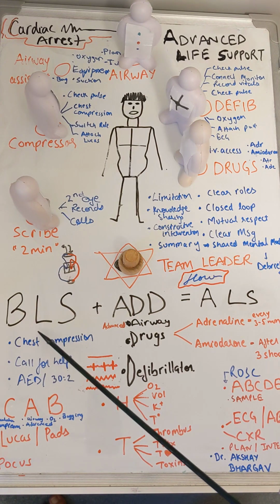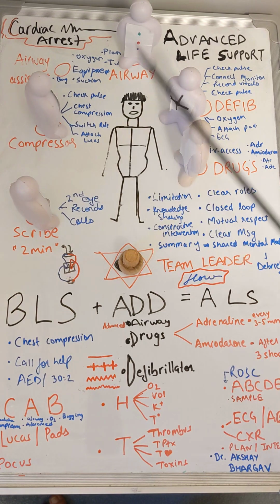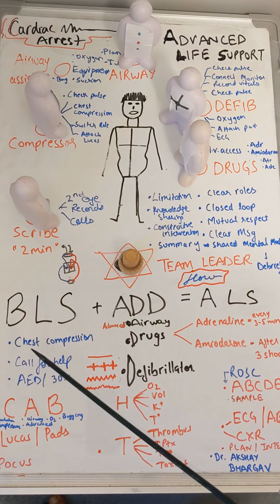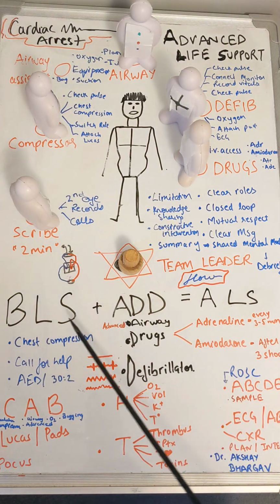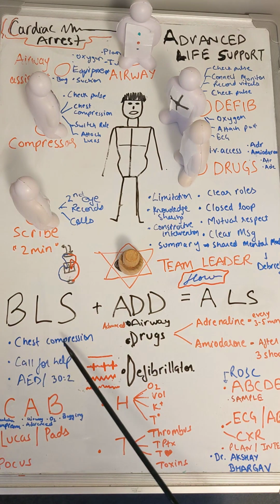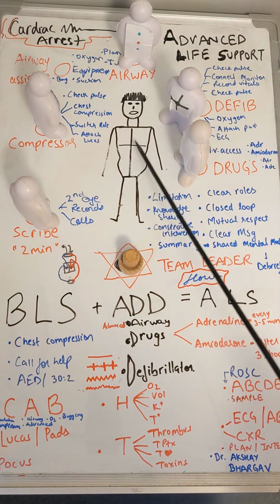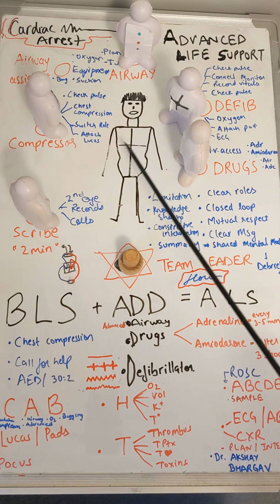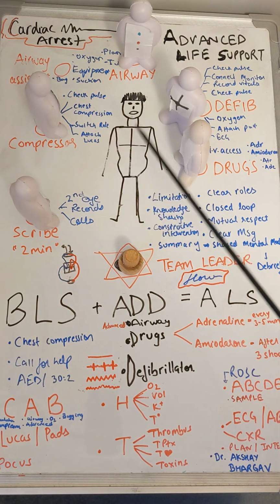In basic life support, as I said, you would be one person or you may have another at maximum, and it is usually in out of hospital scenarios. So your priority is to start chest compressions at the center of the chest, pushing hard and fast so that it presses on the heart and the flow of blood starts.